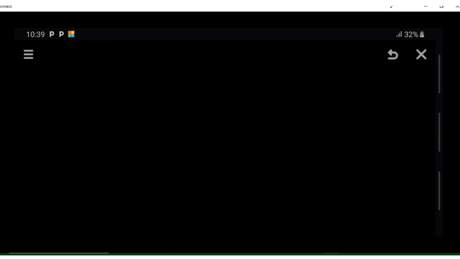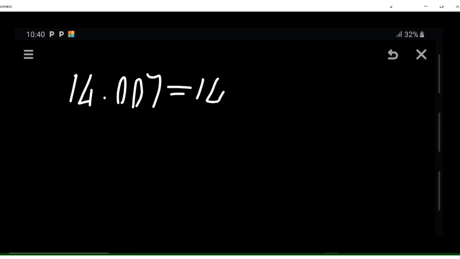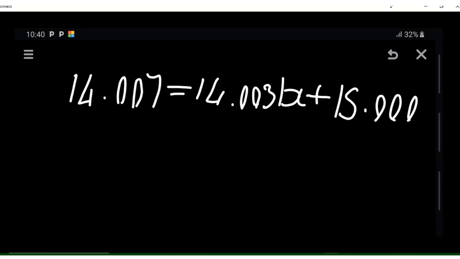You know the formula. The relative atomic mass, which you get from the periodic table, is 14.007, and it is equal to 14.0031x plus 15.0001 multiplied by 100.